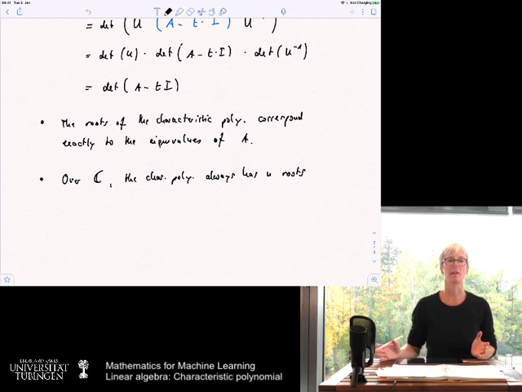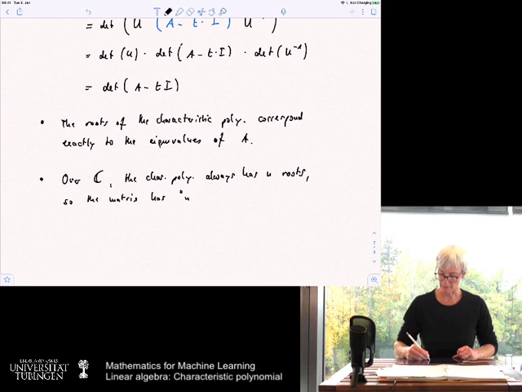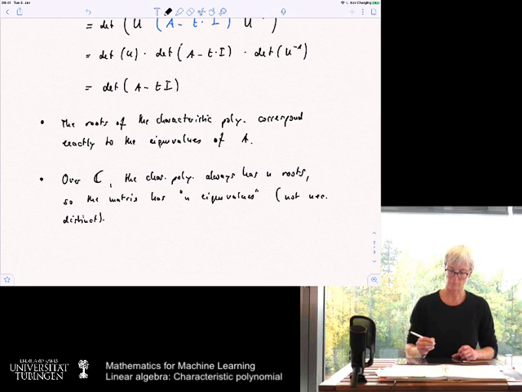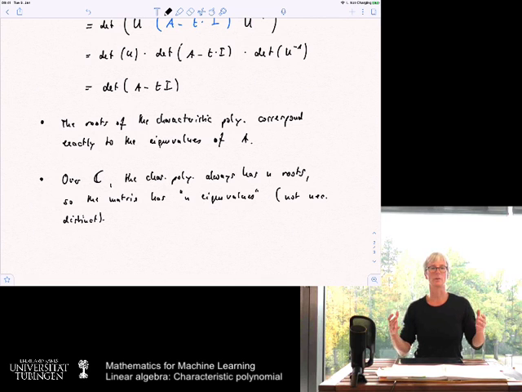This is the fundamental theorem of algebra. So the matrix has, I just write n eigenvalues, and they are not necessarily distinct. So it might be that one of the roots occurs with an exponent of 5.